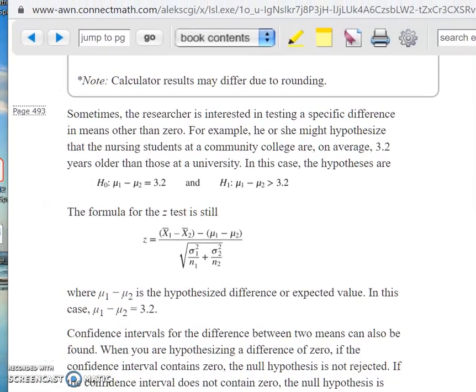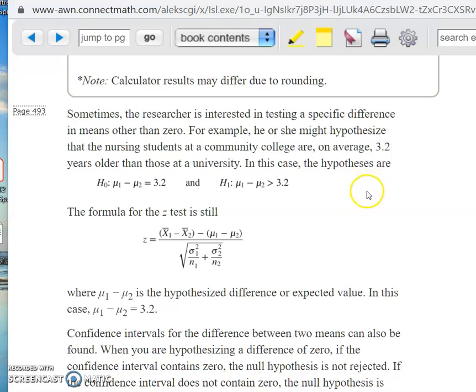Okay, so for example, the research hypothesis is that, okay, I had a little technical difficulty there. So let's say, for example, that the researcher thinks that on average, the nursing students at a community college are 3.2 years older than those at a university, which makes sense, right?